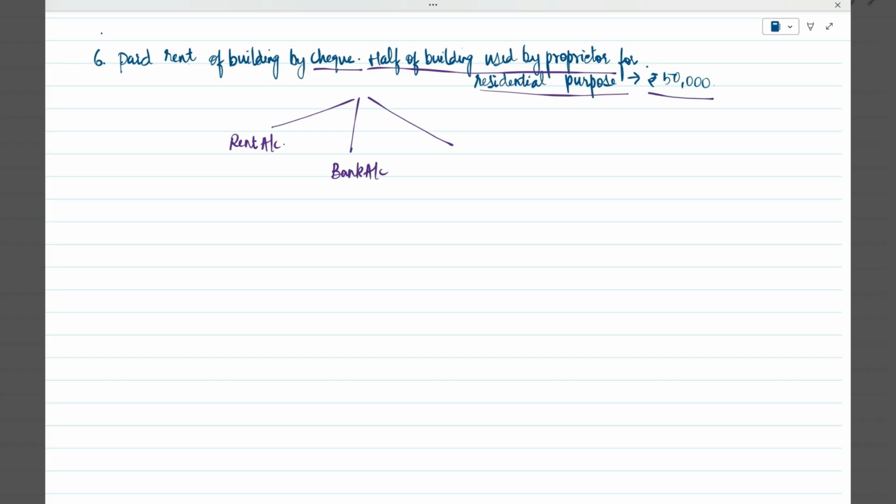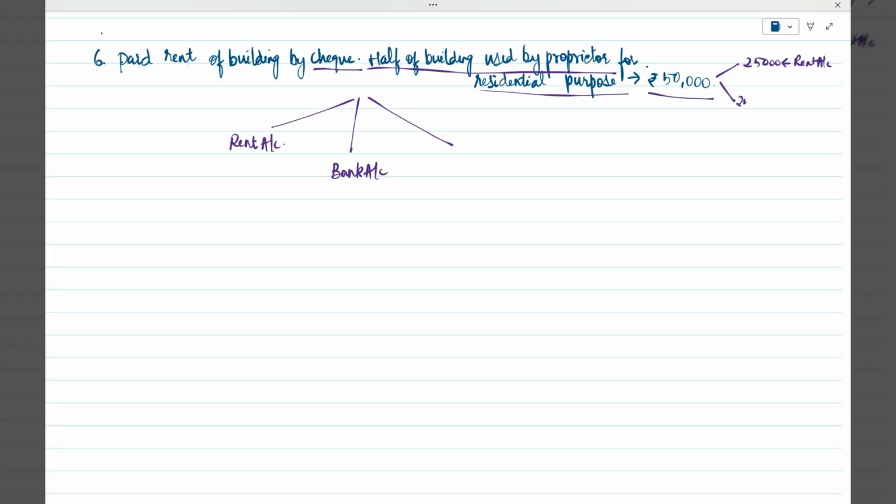And there is a third leg of this transaction because it says half of the building used by the proprietor for residential purpose. So this total rent of 50,000 cannot be charged as expense in our profit and loss account. So 50% of it, 25,000, would only pertain to the business, which will be part of the rent account.